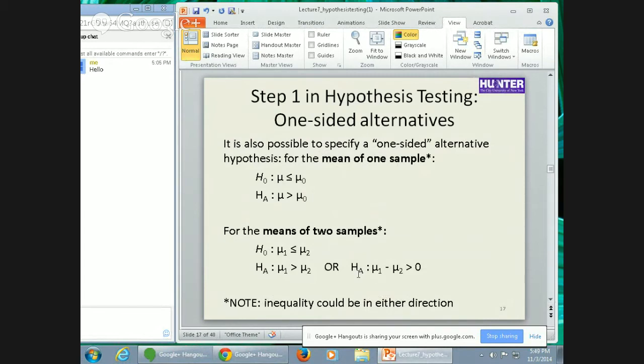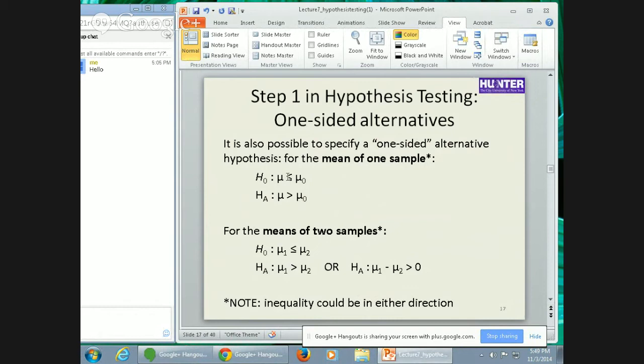Occasionally, we will also use one-sided alternatives, which means that there's an inequality in both the null and the alternative hypothesis. So for example, in the one-sided test, the mean of our study population is less than or equal to the mean under the null hypothesis.